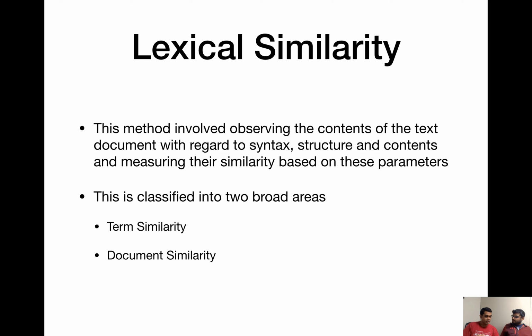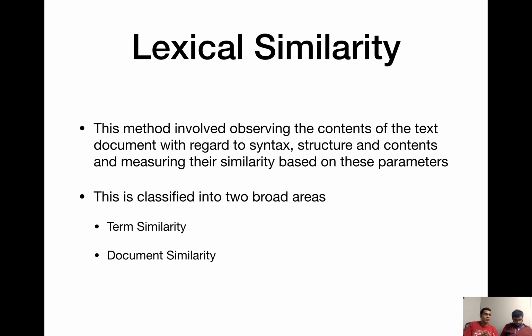For our learning, we will be looking into lexical similarity. Lexical similarity is a pretty common and easy to use similarity measure, and it is again divided into two parts: term similarity and document similarity.